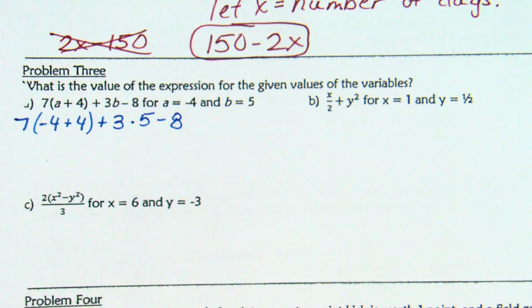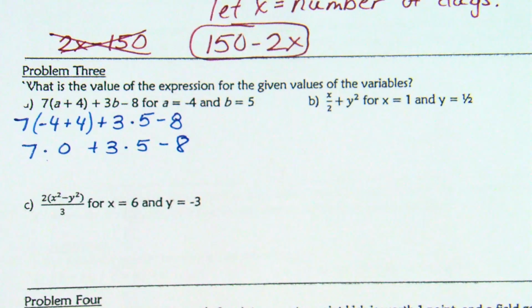That sounds familiar, yes? You've not made it through math this far without hearing about this. So that means, back to what they were telling me, start with the parentheses. Negative 4 plus 4 is 0. So now I have 7 times 0 plus 3 times 5 minus 8.